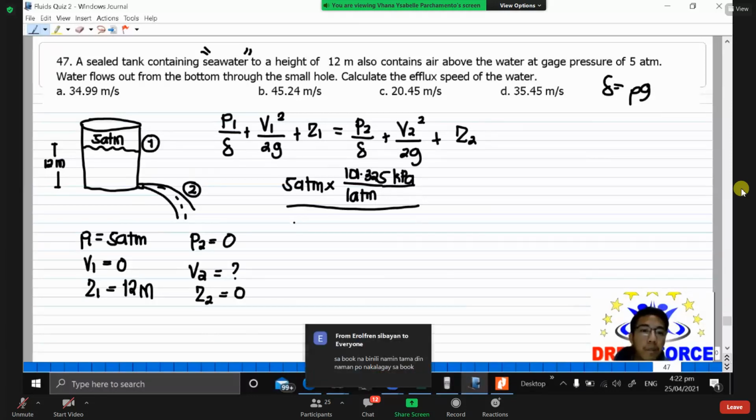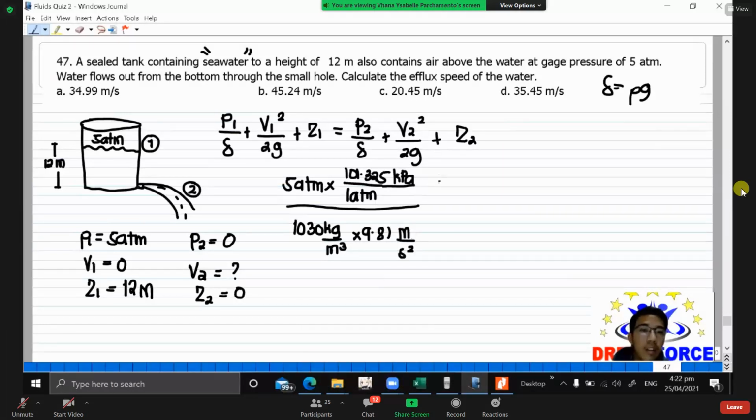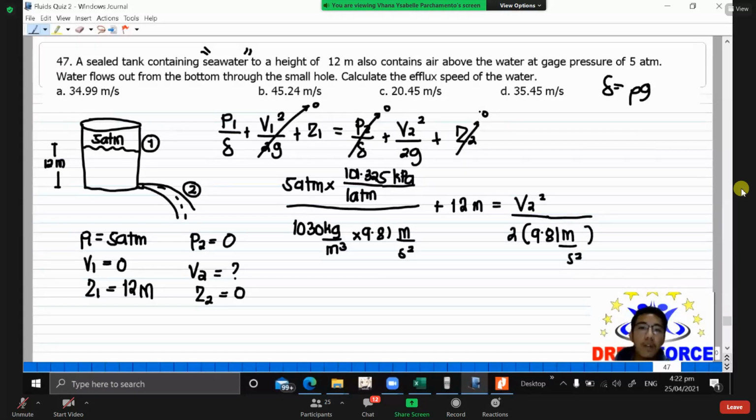Density of seawater, 1,030 kilograms per cubic meter times G of 9.81 meters per square second. Okay, plus V1 is 0, so that cancels. Z1 is 12, so plus 12 meters. That is equal to P2, that is 0, so cancel. V2 squared over 2 times 9.81 meters per square second. Plus Z2, so 0.